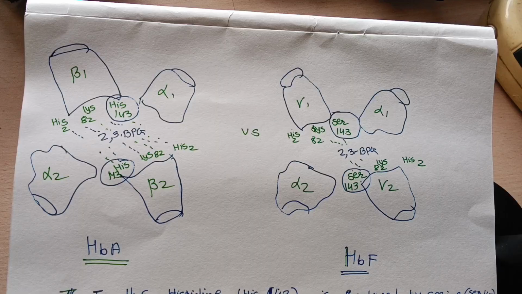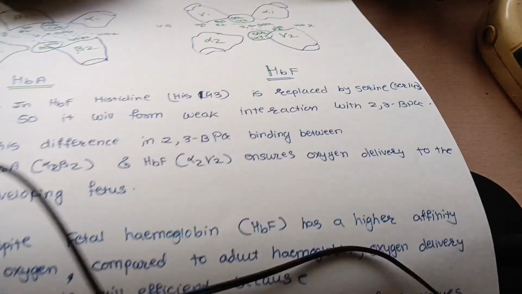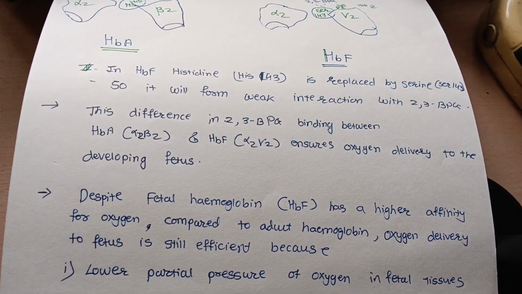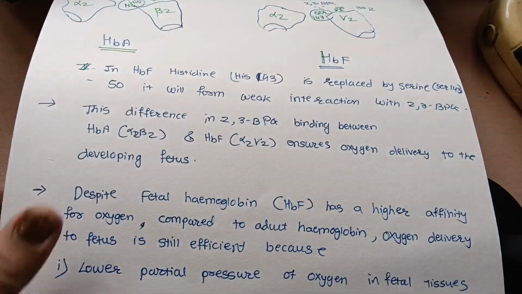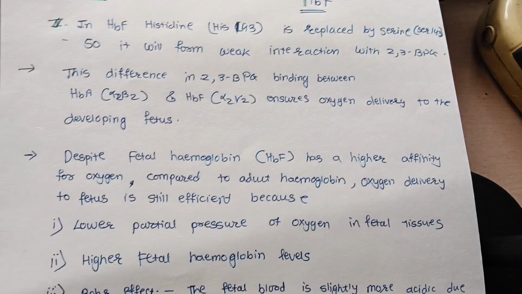Now one more point I would like to explain here. One may ask, if the fetus hemoglobin has a higher affinity for oxygen, how can it efficiently transfer oxygen to the fetus tissue? The answer is that there are various physiological factors which help the transfer of the oxygen.